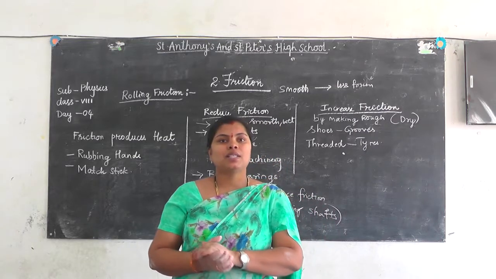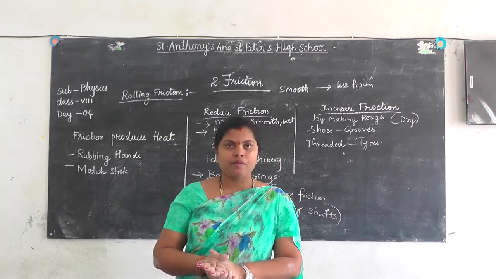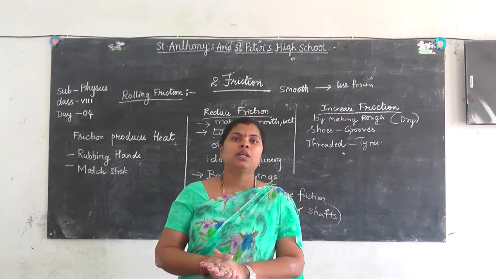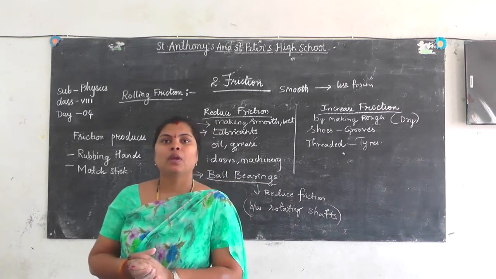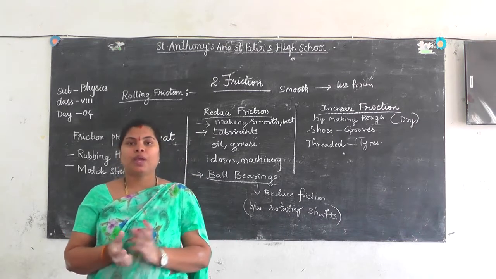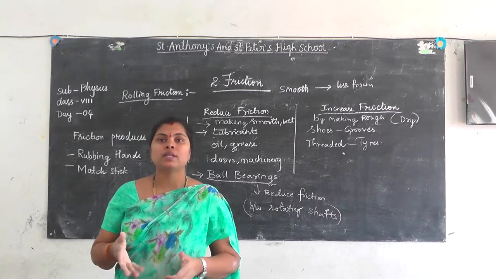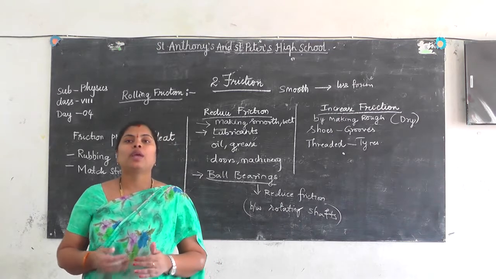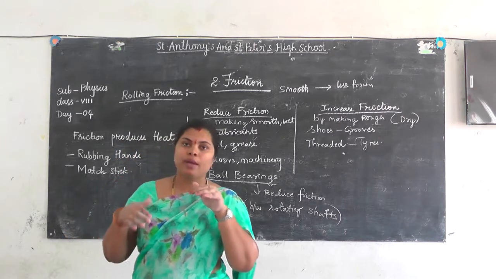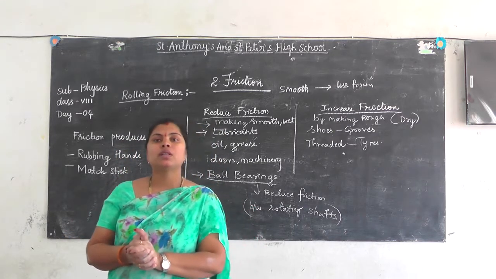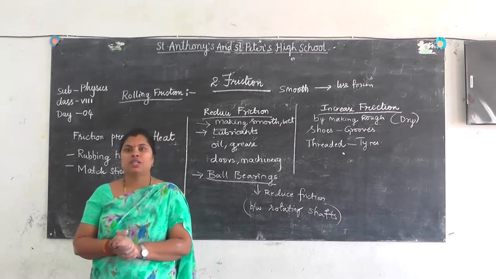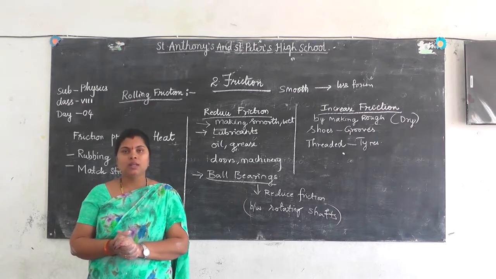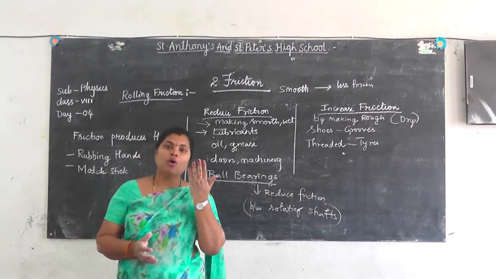Friction is necessary in our day-to-day life. Without friction, nothing is possible. We can write, we can hold things in our hands, we are able to stand, we can run our machineries, we can run our vehicles. These are all possible only with friction. But still, friction should not be more.